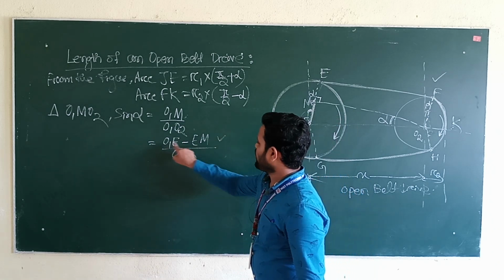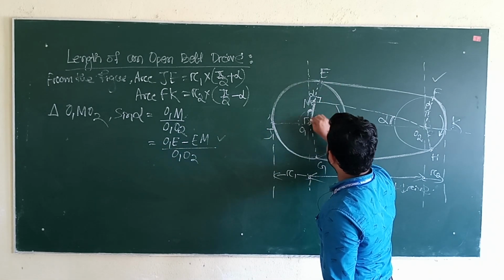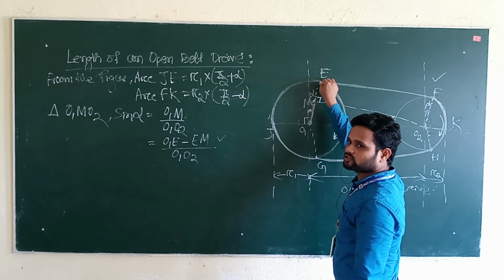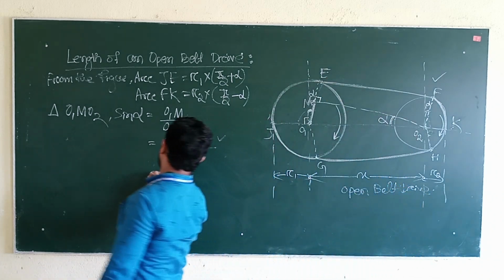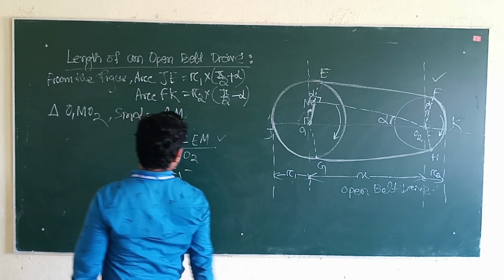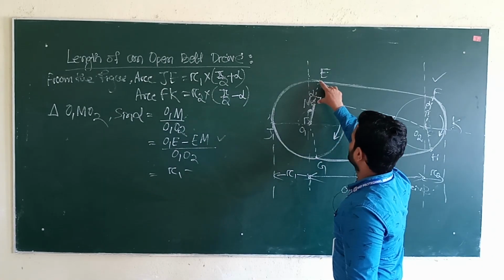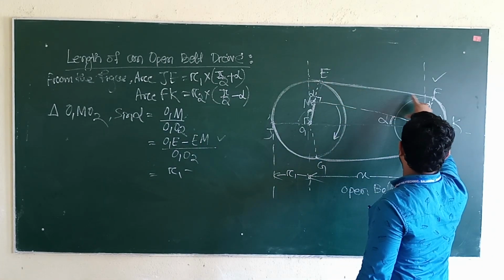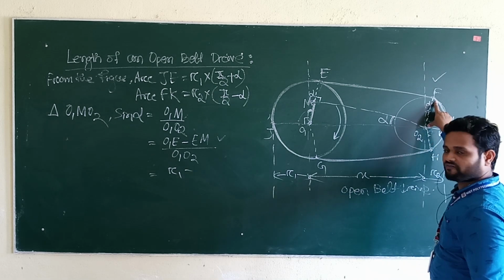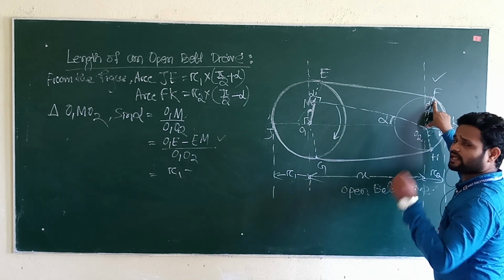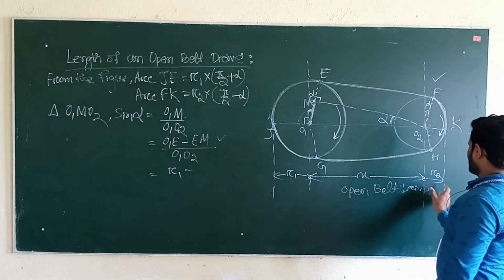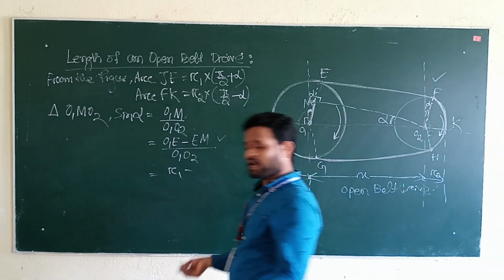So we know O1E. What is O1E? O1E is the radius of the larger pulley. So radius of the larger pulley is R1, minus EM. What is EM? We know that EM is parallel to O2F, and O2F is the radius of the smaller pulley, which we know is R2.